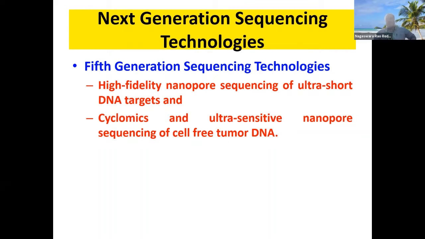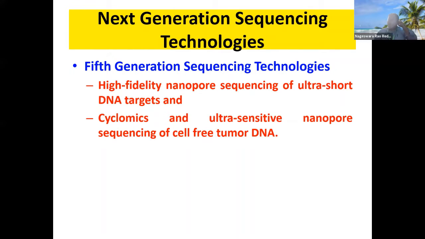So the fifth generation is more about expression studies and gathering data from short fragments, ultra short DNA targets, or cell-free tumor DNA. There are two technologies developed: high fidelity nanopore sequencing of ultra short DNA, and Cyclomics, ultra-sensitive nanopore sequencing of cell-free tumor DNA.